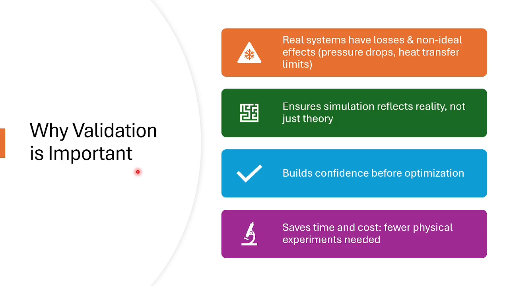Theoretical models often ignore real-world inefficiency, but by validating we make sure that the software accounts for all these effects. This step is critical before using the model for system design or for other refrigerant comparison.